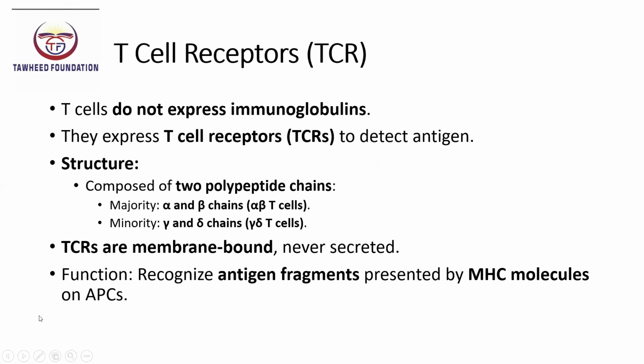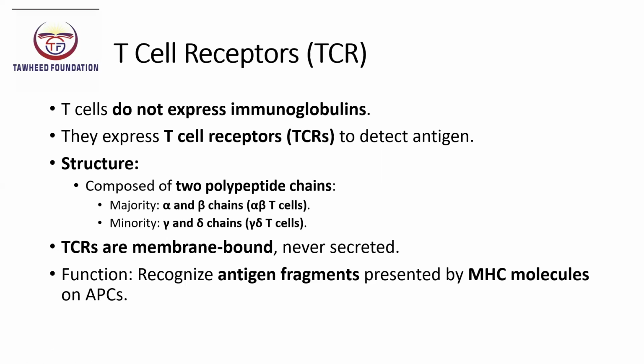Next is T cell receptors. T cells do not express immunoglobulins like B cells. Instead, they rely on T cell receptors, TCRs, to detect antigens. TCRs are membrane-bound heterodimers composed of two polypeptide chains.